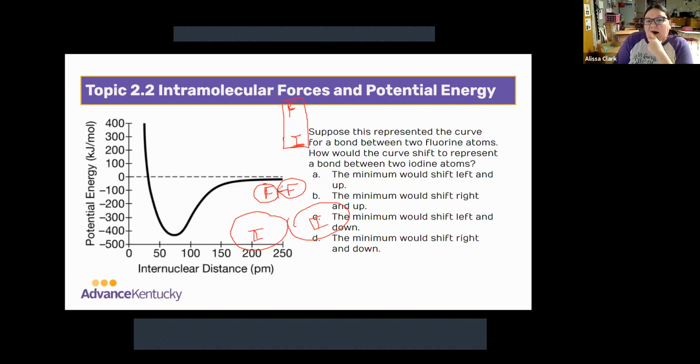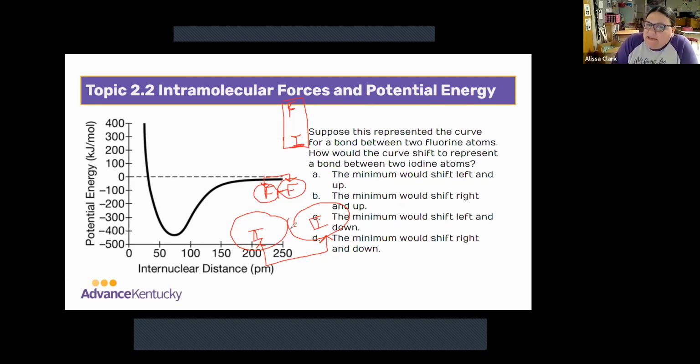Do you think the distance between the 2 nuclei is going to get bigger or smaller? We don't have a lot of confidence about this one. That's all right. No worries.